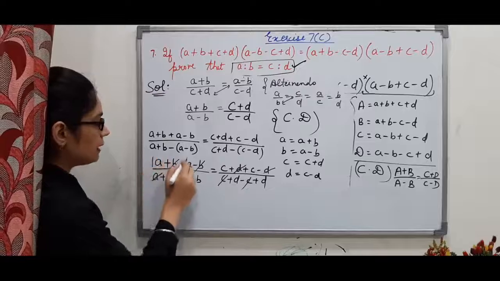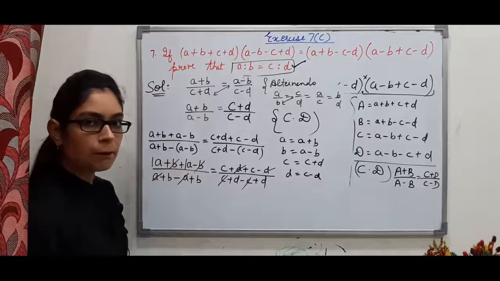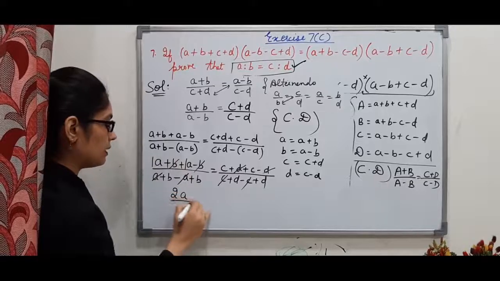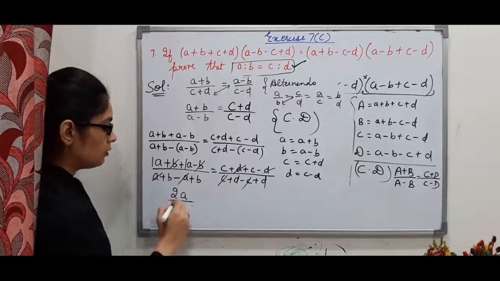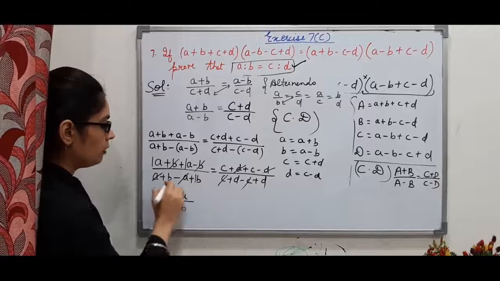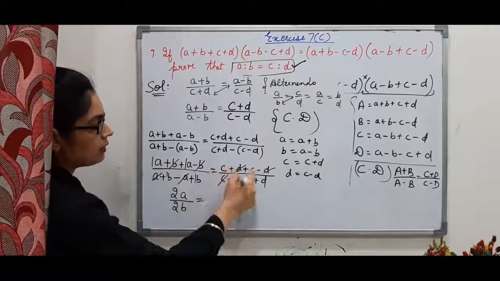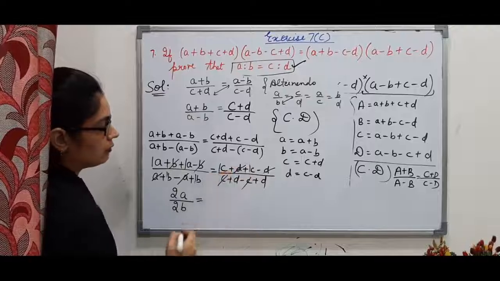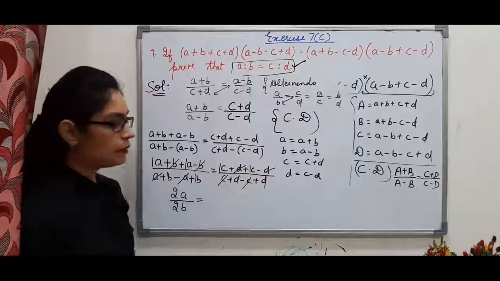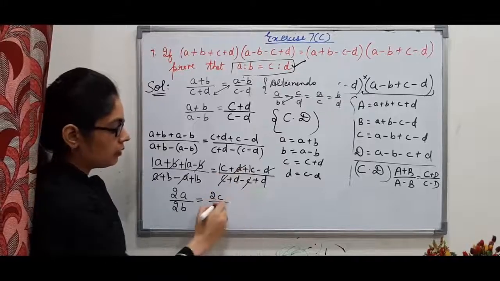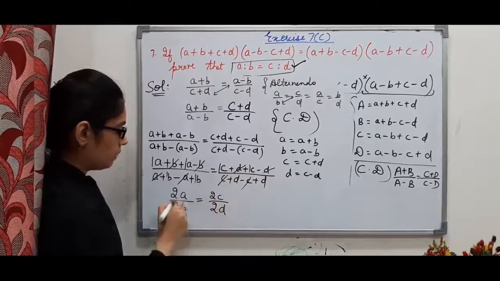Now a plus a means 1a plus 1a, 1 plus 1 is 2, a we can write as it is. b plus b is 2b, because 1 plus 1 is 2, b as it is we have to write. c plus c, 1c 1c, if nothing is written, that means it is 1. 2c, d plus d also it is 2d.